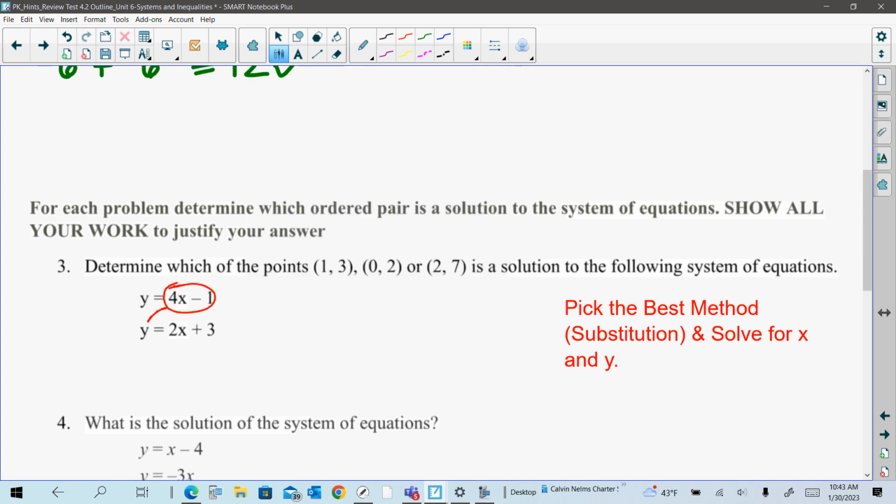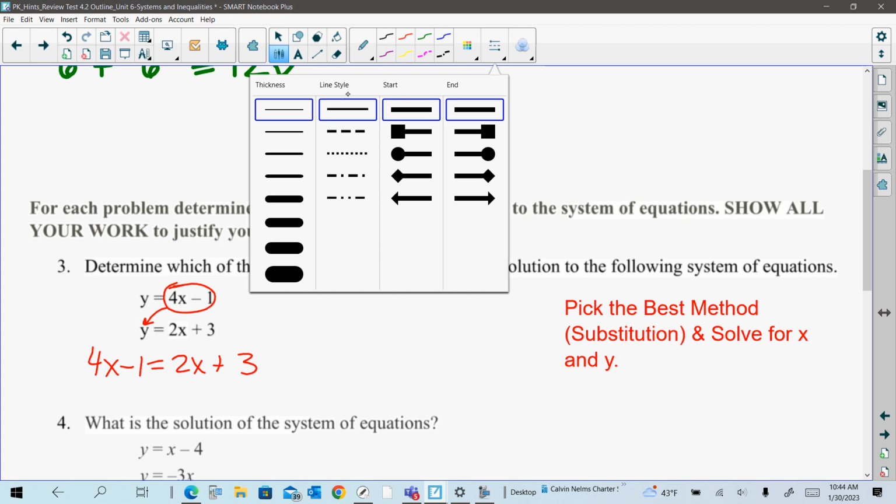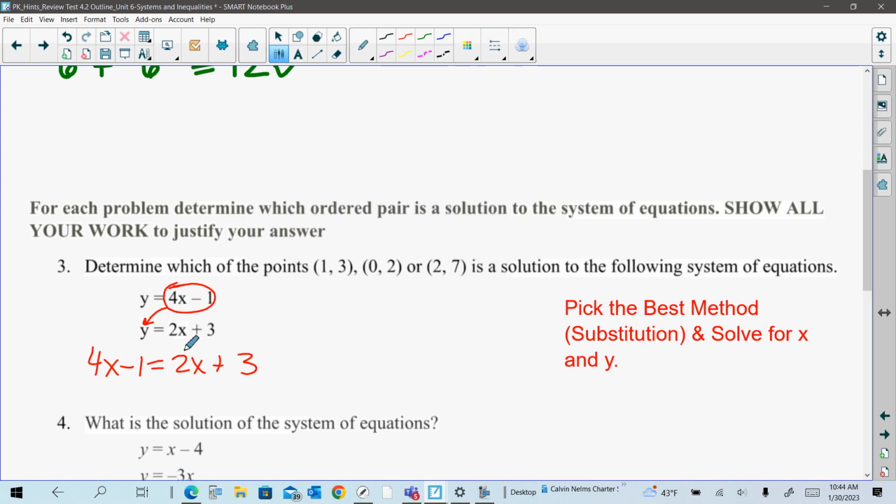So if you use substitution, this would end up being written as 4x minus 1 equals 2x plus 3. Now we're solving for x. What should be the first step to solve for x?